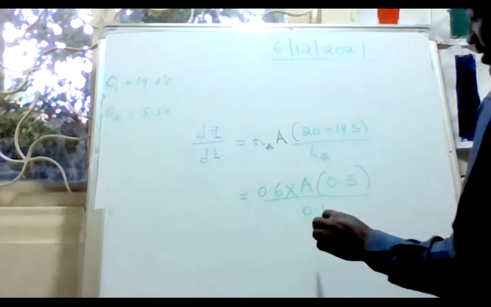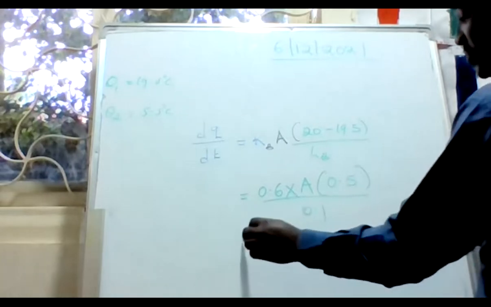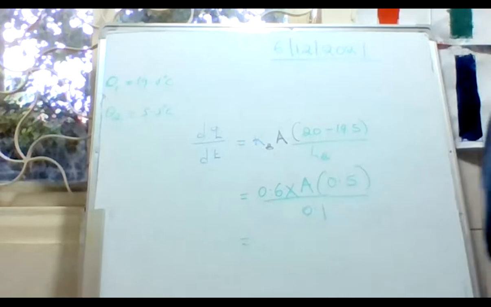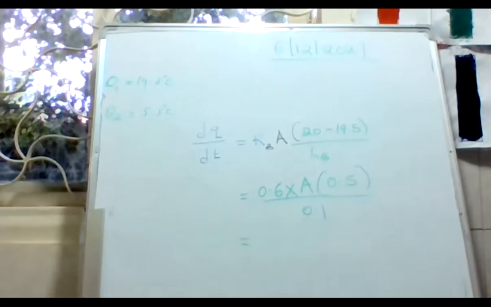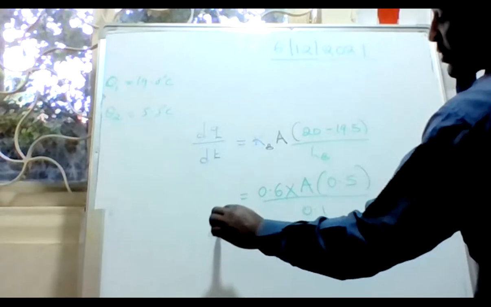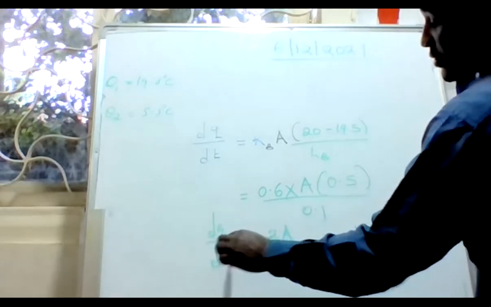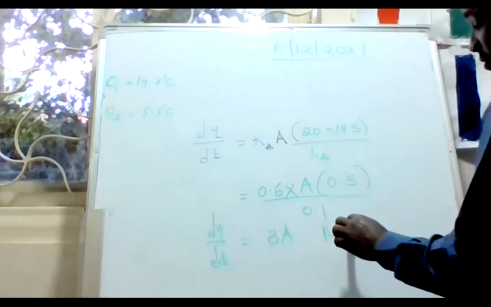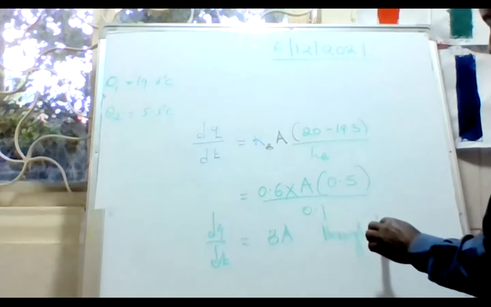So we can say this is going to be equal to 0.6 times 0.5, then divided by 0.1. This is the dQ/dt through a single brick.